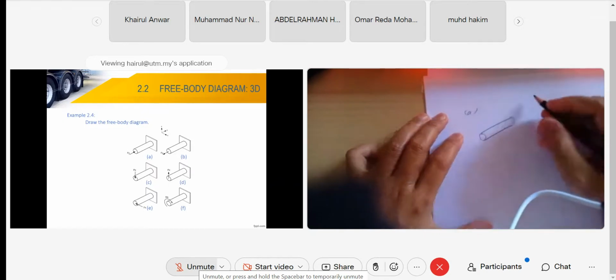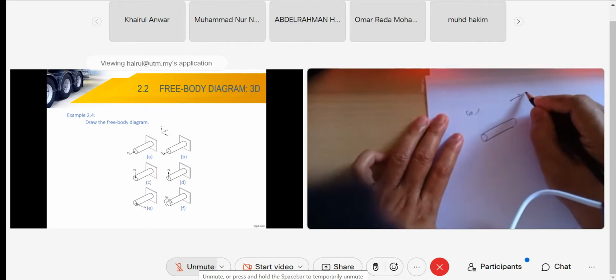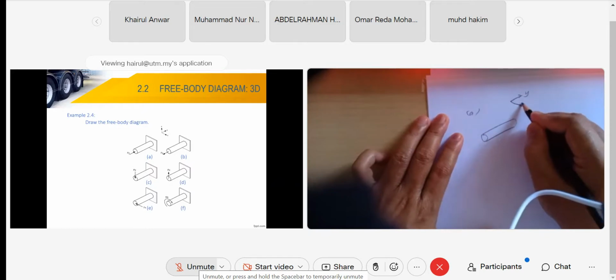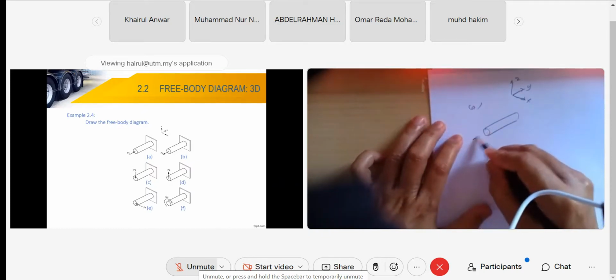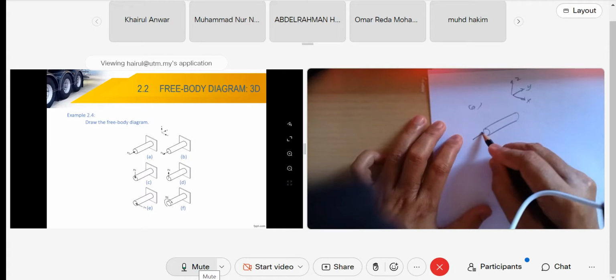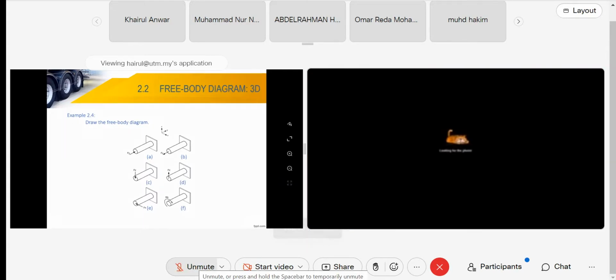Since this is Y, this is X, and this one is Z, we have component Fy. So apa reaction at the other end? Opposite, yes. Fy also lah, Fy in reverse direction, because we don't have bending moment, we don't have torque.